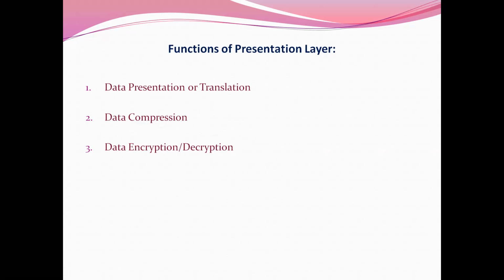We have to transform those characters and numbers into some machine-understandable binary format. One best example is ASCII to binary, extended binary coded decimal interchange code, that is EBCDIC code. So ASCII code is converted to EBCDIC code. Here ASCII code is translated to another code, and that is known as translation.